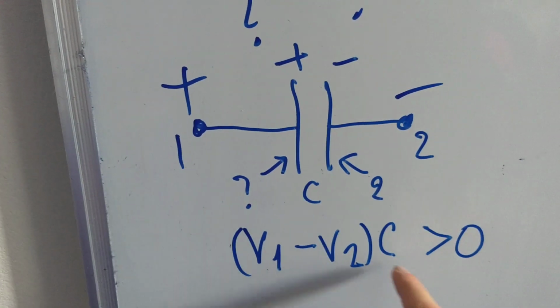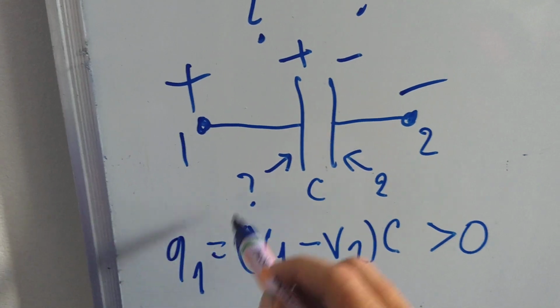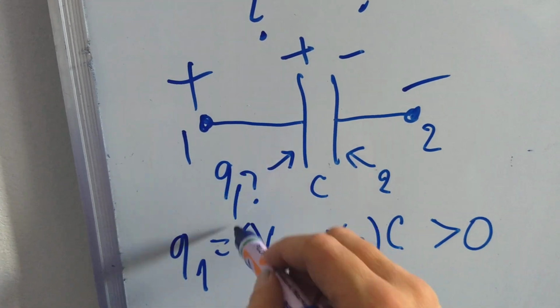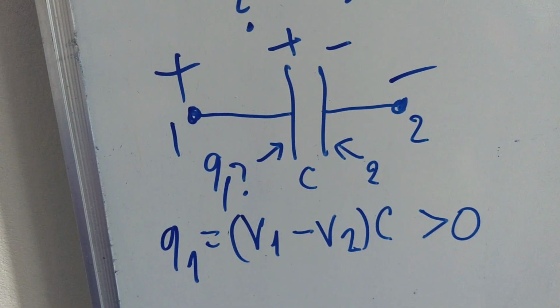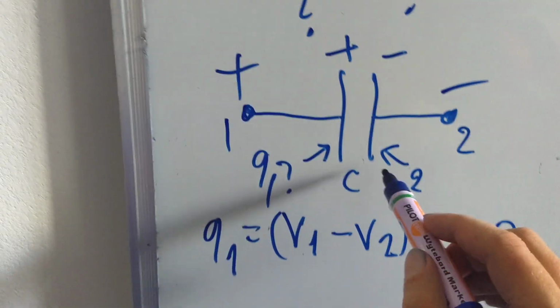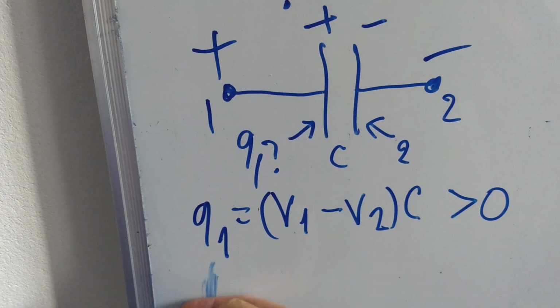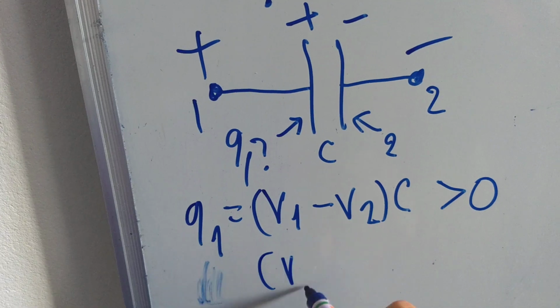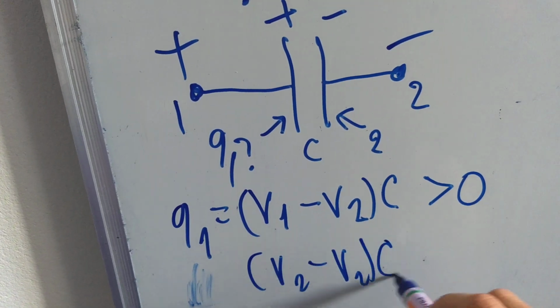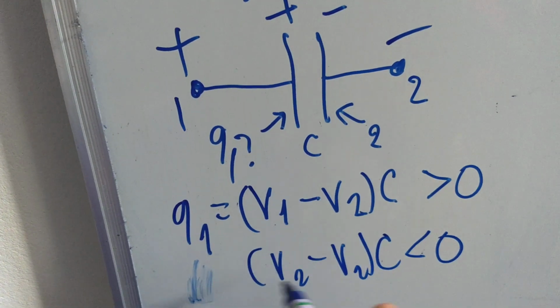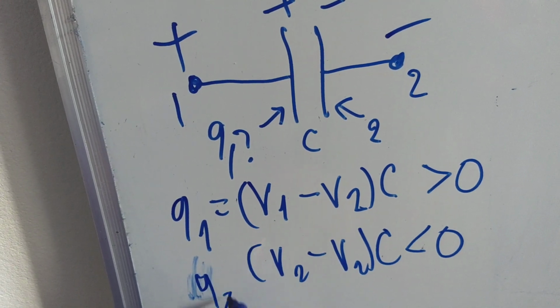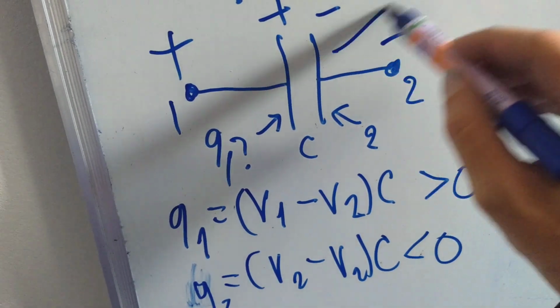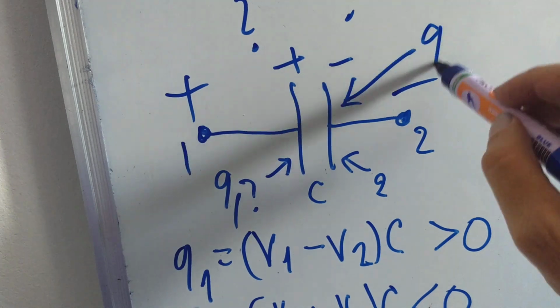So this gives us Q1, the charge on plate 1. What about if we want the charge on plate 2? Well, if we reverse this, this is now negative, so if we multiply this out, we get a negative charge. That has to be this charge here. This one must be Q2.